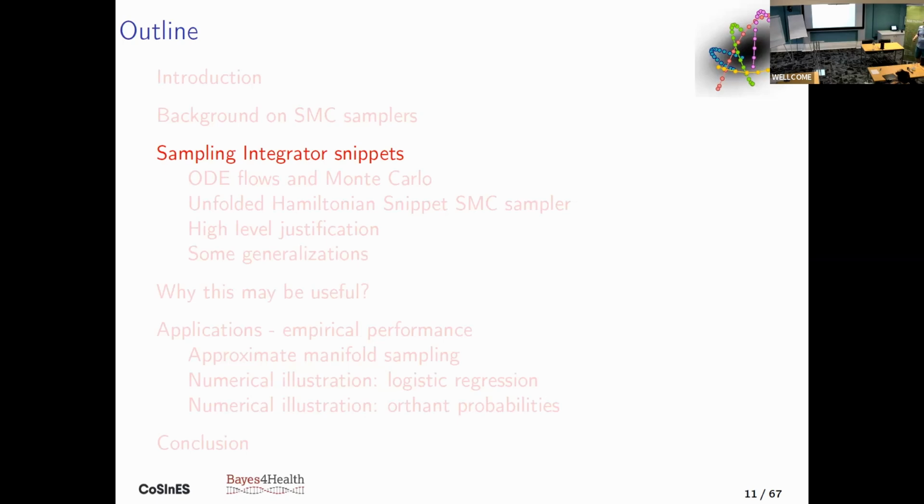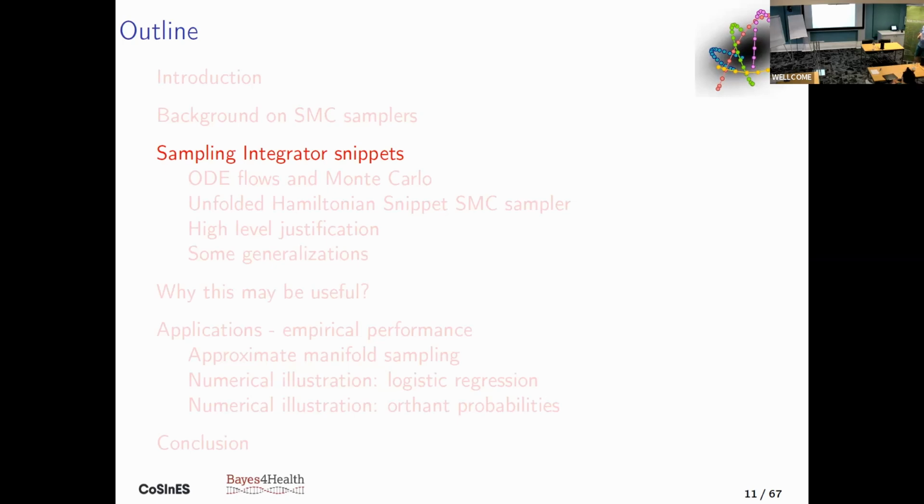First I'll go a bit through the link between these things. Most of the things I'm talking about are very simple, but there are many of those simple things that need to be put together for it to make sense. So the difficulty is not in the details, but in the big picture. Now what I'm going to go over is how ODEs have traditionally been very important, explicitly or implicitly, in Monte Carlo methods.